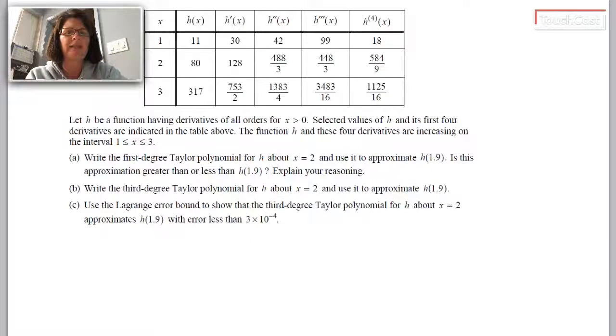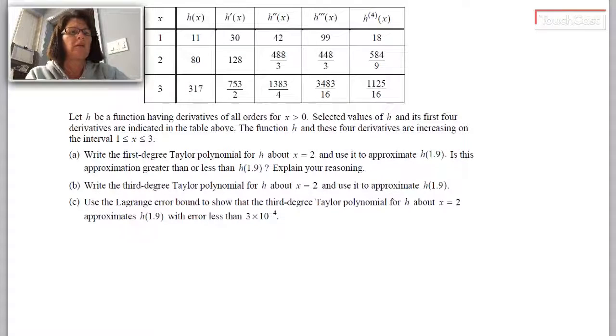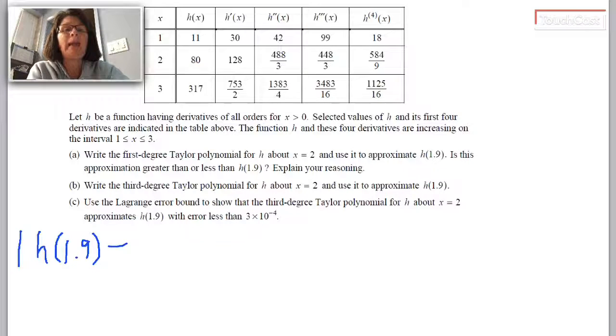All right, so I'm going to start by writing that expression. The absolute value of the remainder, that's another way of saying the error. And the error is the difference between the thing I was looking for, which was h of 1.9, and my answer, which came from using P sub 3 of 1.9.